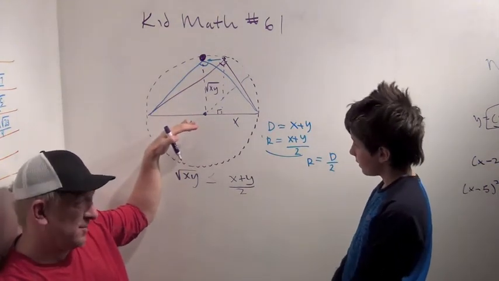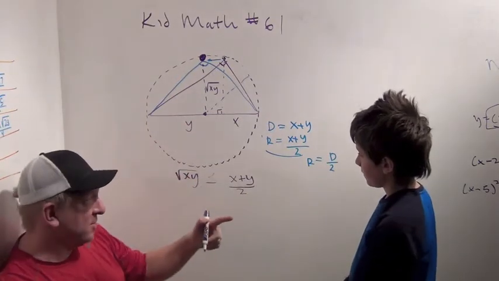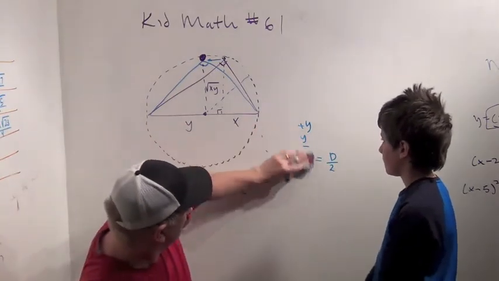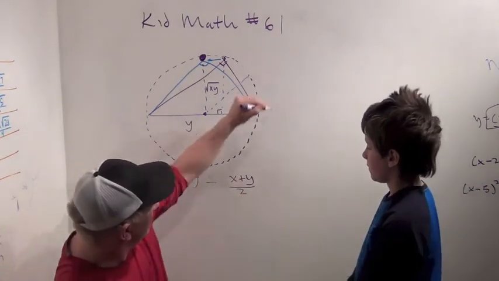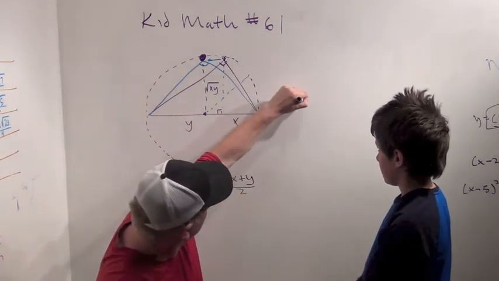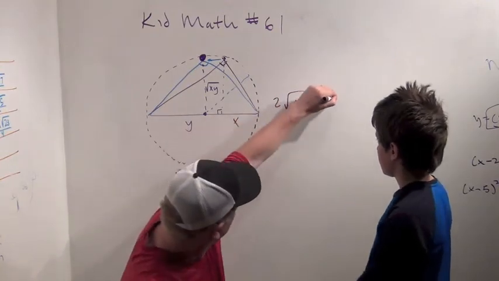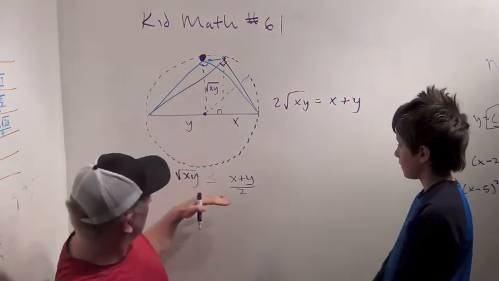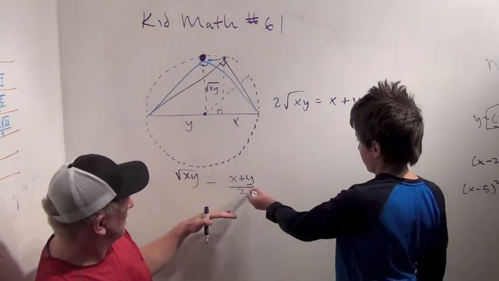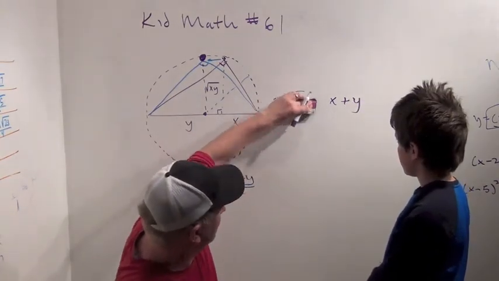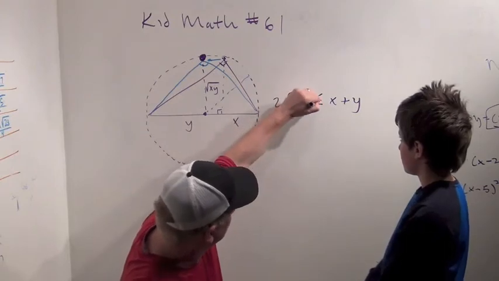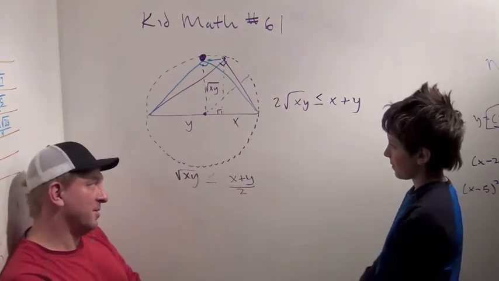So let's see why this is true, and this is where the squares and quadratics we've been studying come in. I'm going to multiply everything by 2: 2 times the square root of xy is less than or equal to x plus y. Sorry, good point. You're just like my professors in college. They always told me I was a little sloppy.